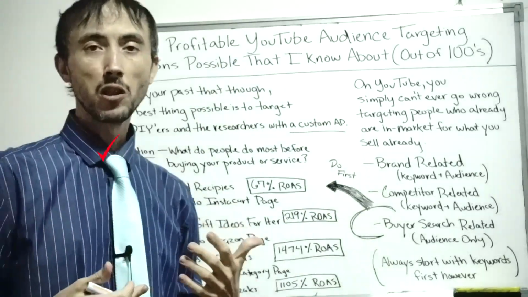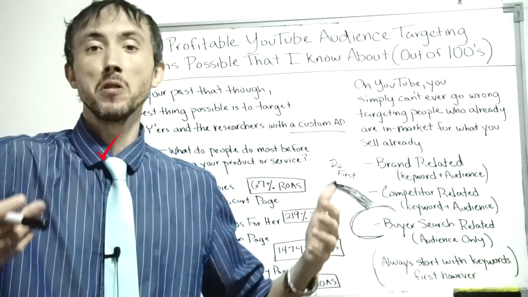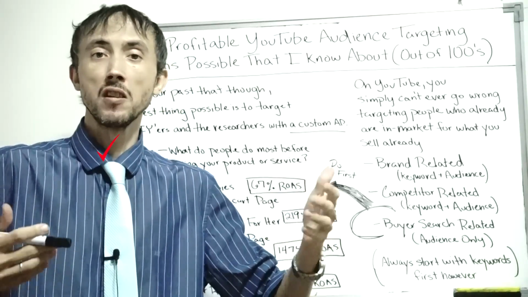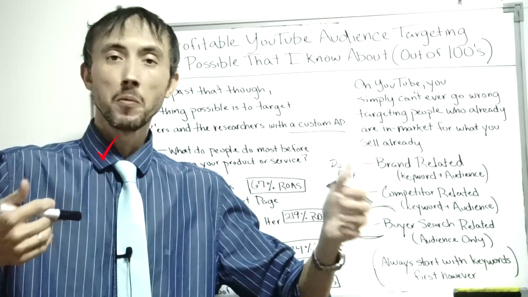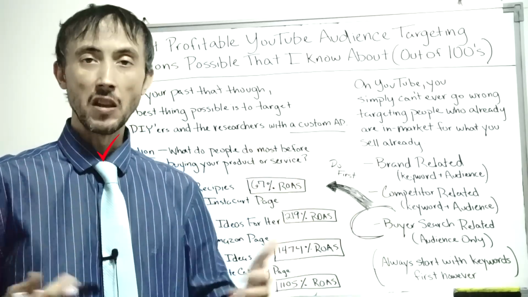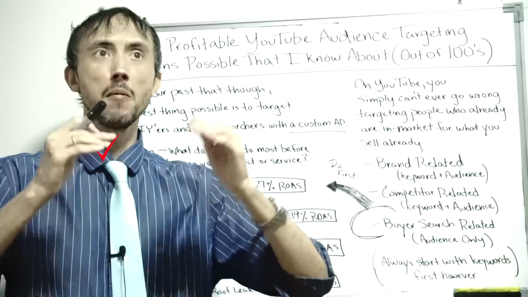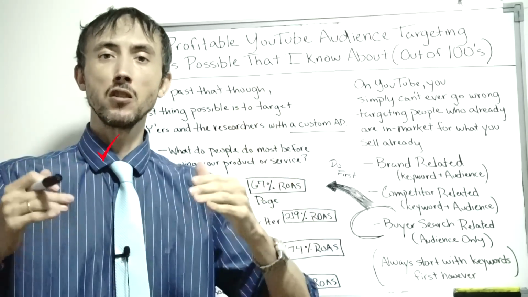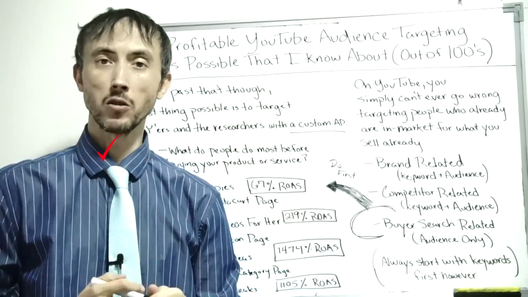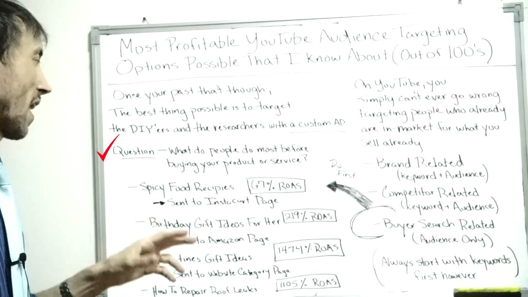You can obviously survey customers. What led you up to this purchase? What caused you to decide to buy from someone in our market? And then start writing things down and trying to find the most common things that got that person interested in market for your product or service in the category that you're in.